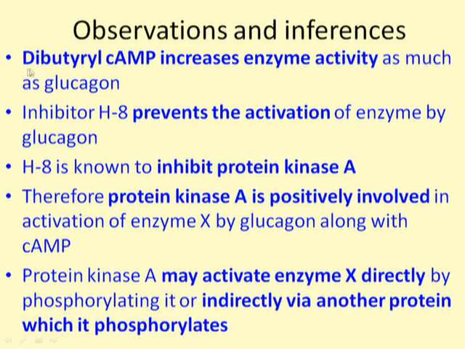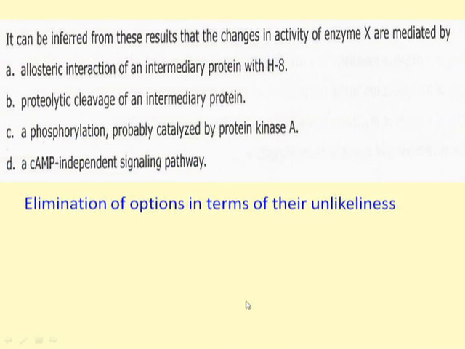So we infer that dibutyryl cyclic AMP increases enzyme activity as much as glucagon does. Inhibitor H8 prevents the activation. H8 is known to inhibit protein kinase A, therefore protein kinase A is positively involved in the activation of enzyme X, and protein kinase A may activate enzyme X directly or indirectly by phosphorylating another protein.